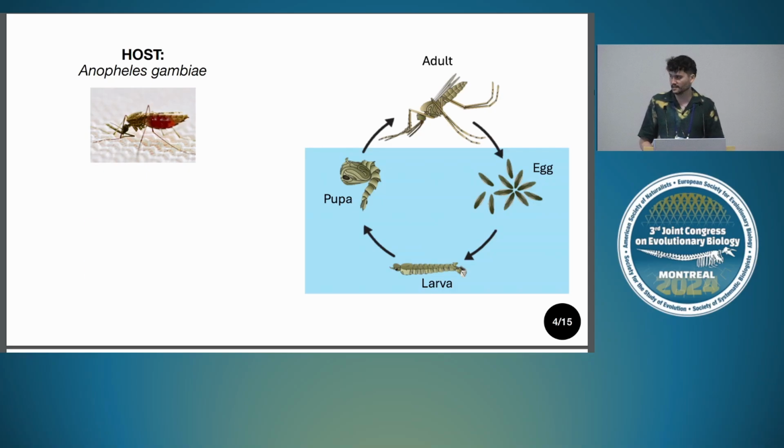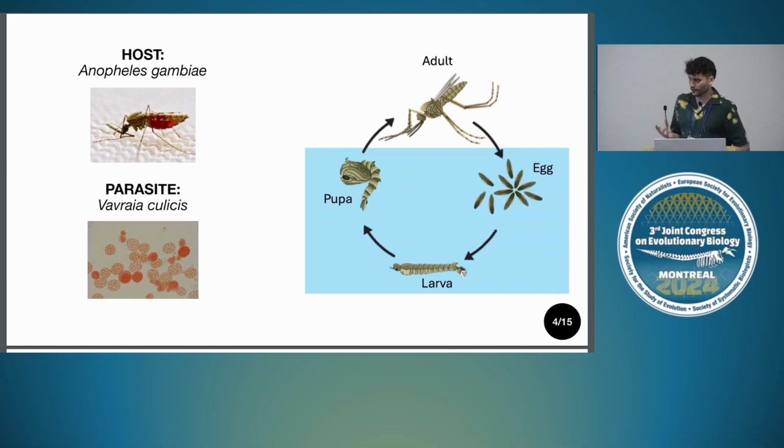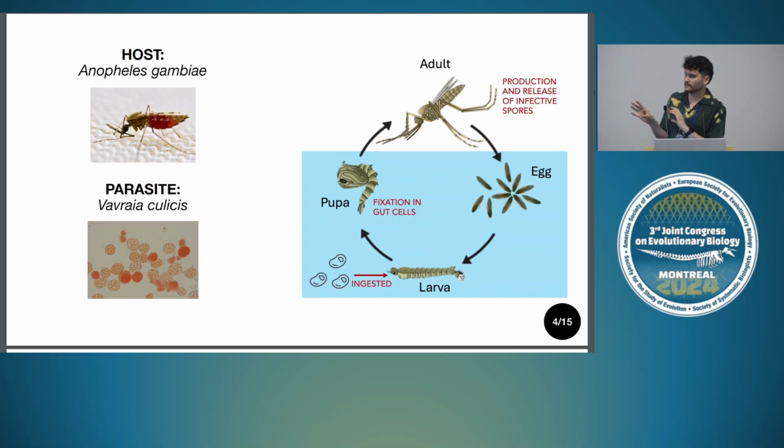The parasite we decided to use to test this hypothesis and evolve was Vavraia culicis, which was previously presented by Tiago. It's a microsporidian, and it is interesting because it represses malaria. Its transmission cycle coincides with the mosquito life cycle. First, the spores are ingested in the larval stage.